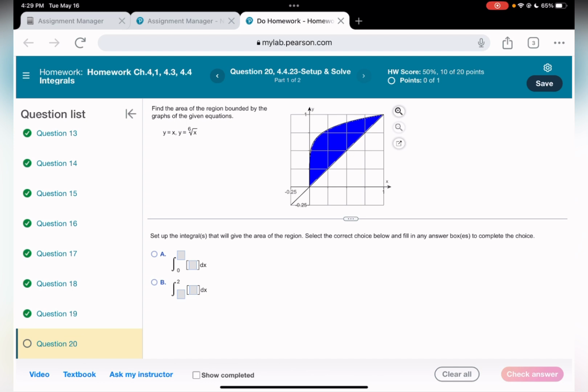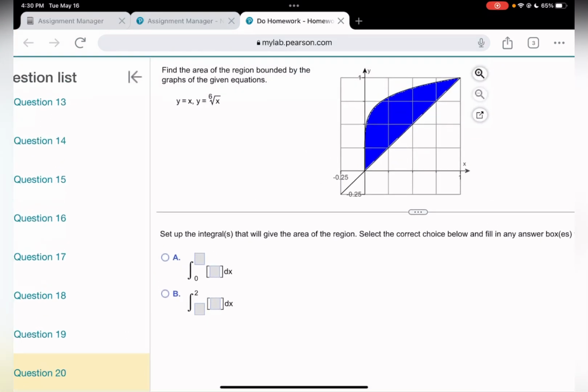This time, this curve is on the top, the upper boundary, and the linear graph is at the bottom. So this time we are going to do curve minus linear expression. Yes? And that is going to be, what do we have?